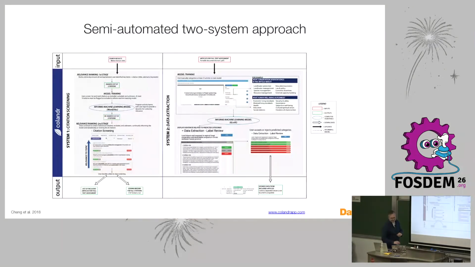So this was an early application of machine learning, and a lot of the base machine learning we're using was key in the development of what we now think of as Gen AI in large language models. And so Colandr was built as a two-system approach. One, looking at inputs of search results from existing systems, and the other, uploading articles for full text assessment. And we'll dig into each of these.